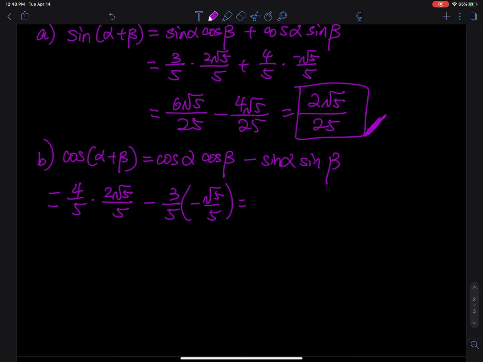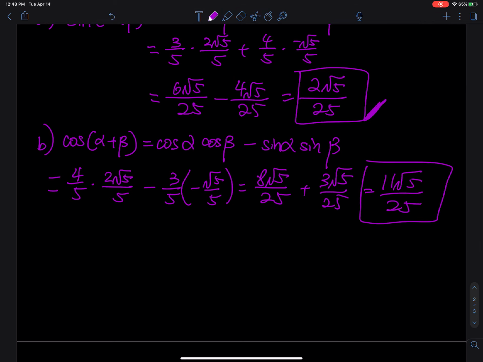So you have 8 root 5 divided by 25 plus 3 root 5 divided by 25, right? You have 2 minuses. And then 8 plus 3 is 11. So this is your final answer.